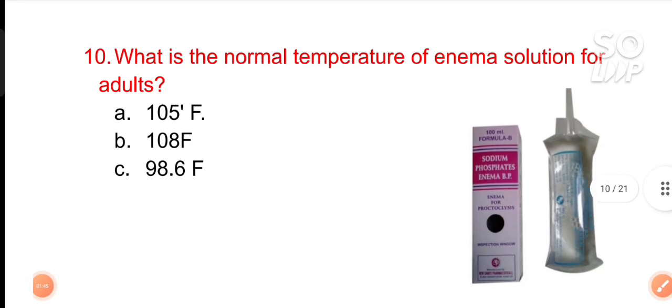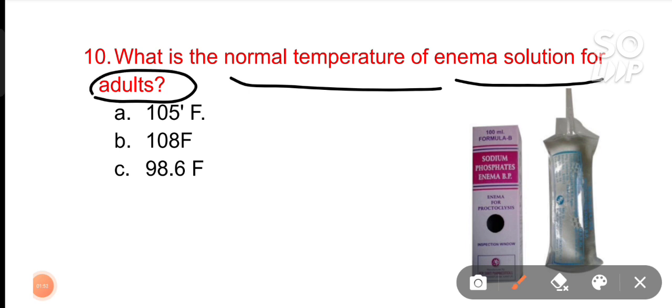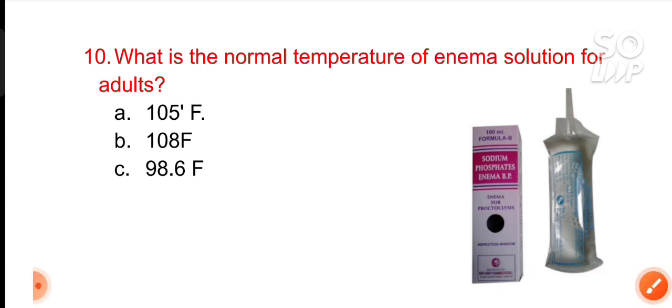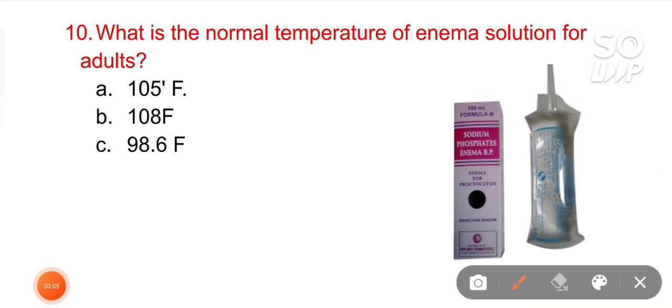The next question is, what is the normal temperature of enema solution for adults? We can give the enema to the patient, but before giving the enema, what is the normal temperature of the solution?